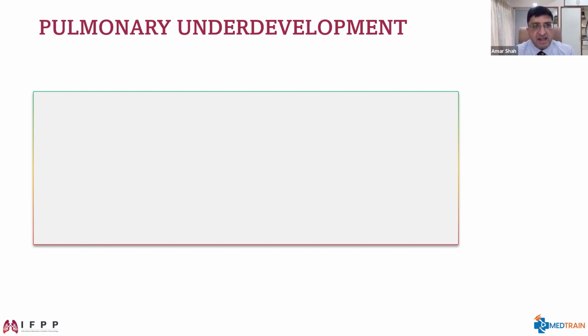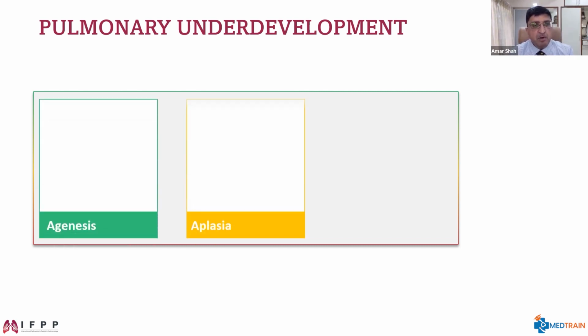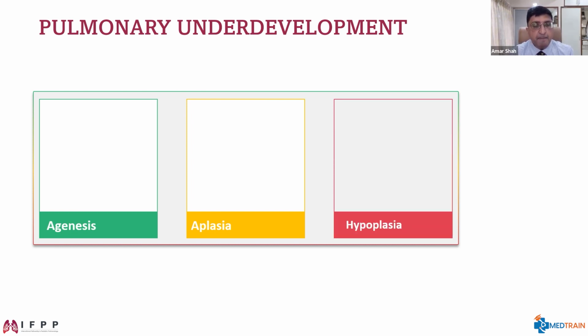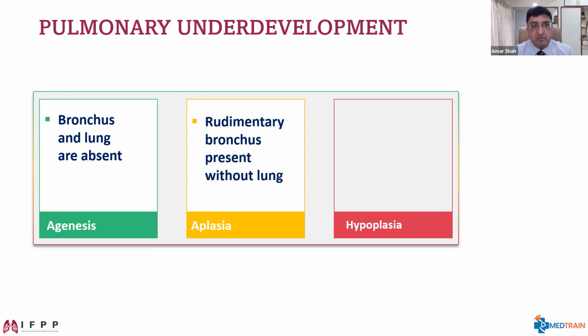Now there are three varieties of pulmonary underdevelopment. One is pulmonary agenesis, second is pulmonary aplasia, and the third is pulmonary hypoplasia. Agenesis is a problem where both the bronchus and the lung are absent. Pulmonary aplasia is where the bronchus is rudimentary, but the lung is not present.